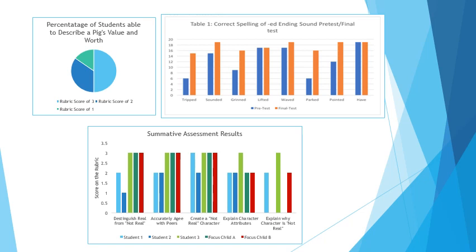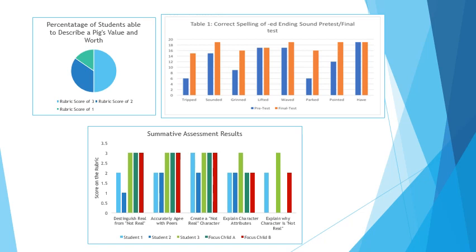In this case, the student teacher is looking at both a pretest and a final test. So in this case, the students were given an assessment before the lesson on which words they could spell, and then one after the lesson, series of lessons, and which ones they could spell. And this gives us a lot of really meaningful data because not only can we clearly see here that almost all of the students improved, basically everyone was able to spell lifted, both pre and post.